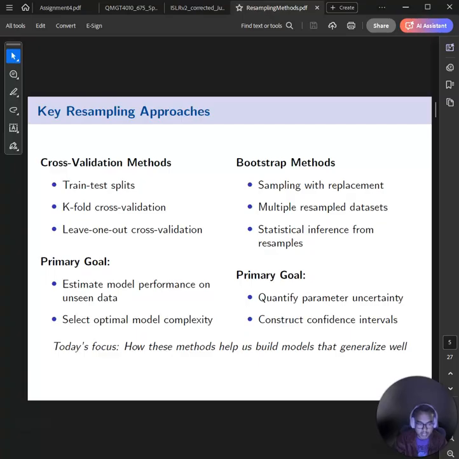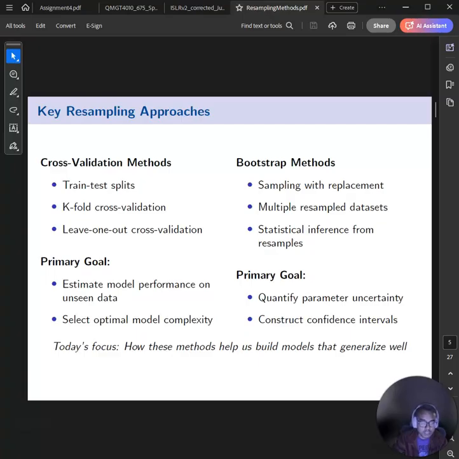Bootstrap methods, on the other hand, involve sampling with replacement to create multiple resampled datasets. This approach focuses on quantifying parameter uncertainty and constructing confidence intervals. The bootstrap helps us understand the variability in our estimations.